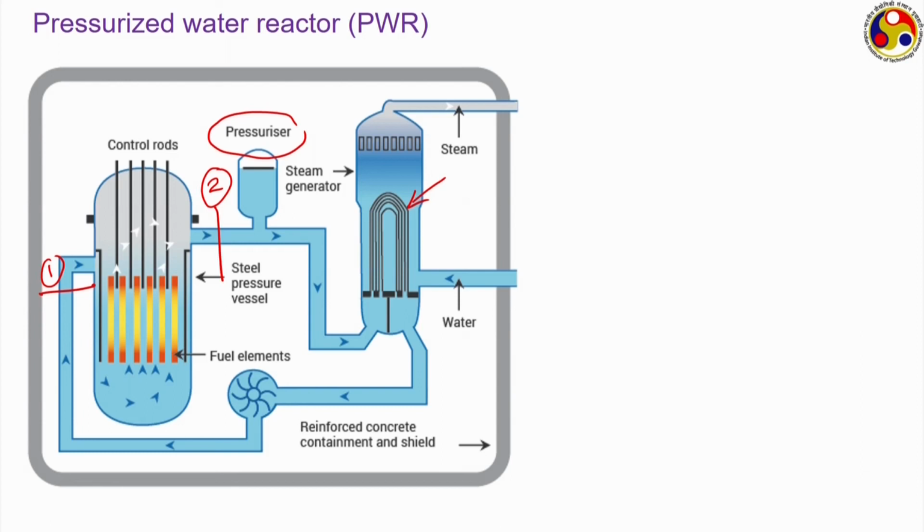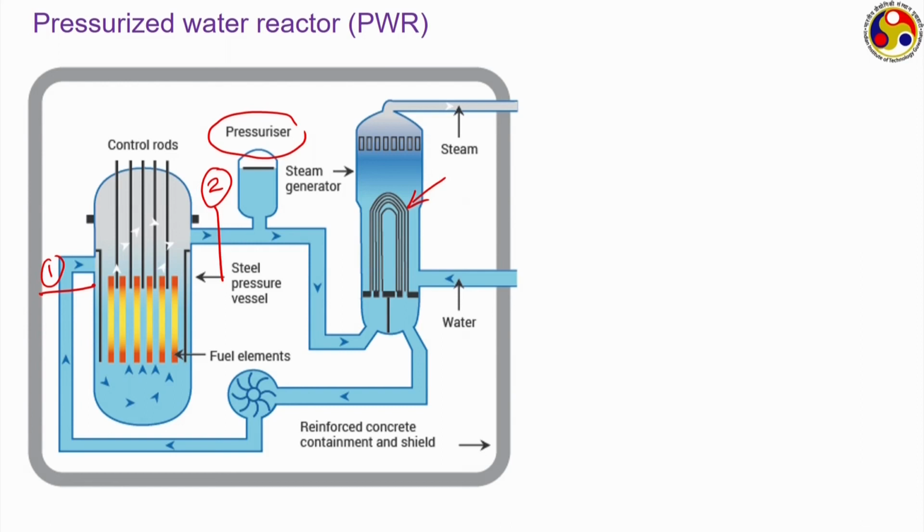Rather, the water coming from the reactor is at a high energy level or high temperature, and therefore, it is able to transfer the energy to the water which is outside, and then the reactor water goes back to the reactor.